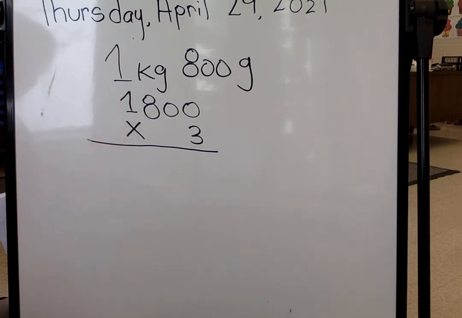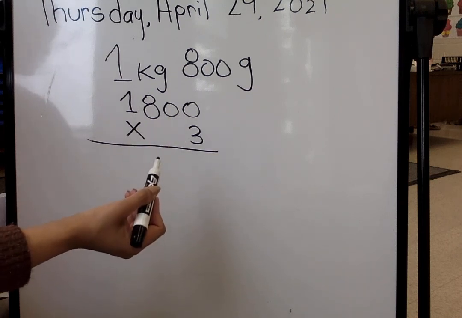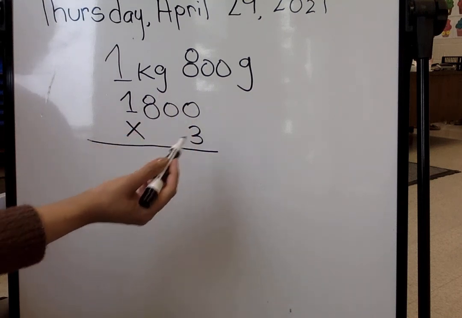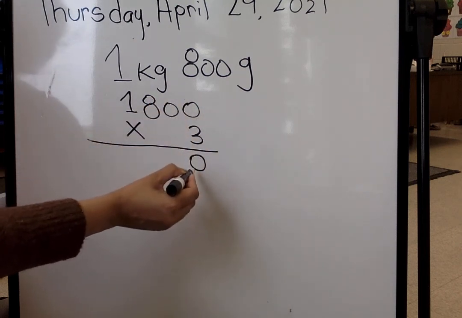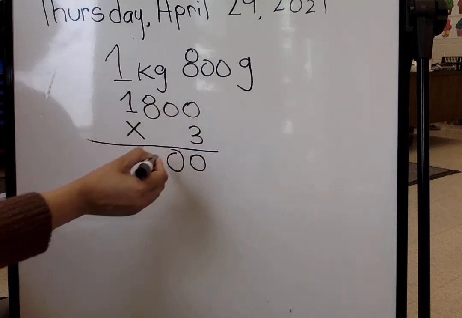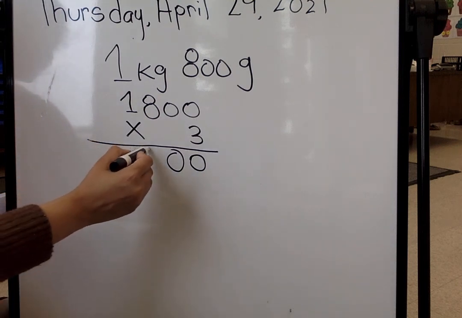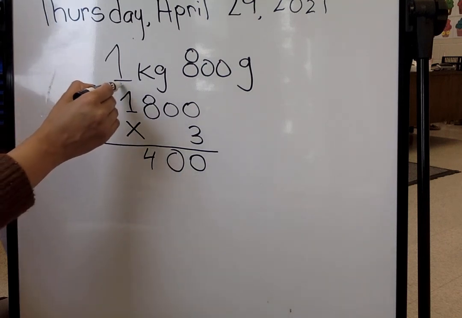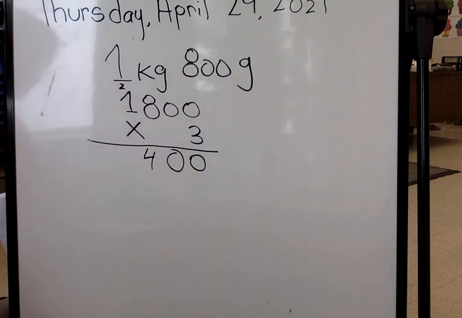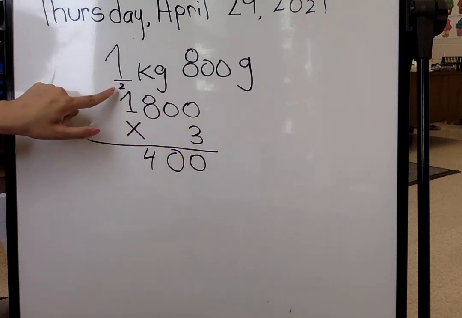Okay, so let's do it together. Now I hope you've done the question because now you'll get to see if you were correct. So 3 times 0 gives me 0, 3 times 0 gives me 0, 3 times 8 gives me 24. I write my 4 here and I carry 2 over here, and 3 times 1 gives me 3, 4, and 5.